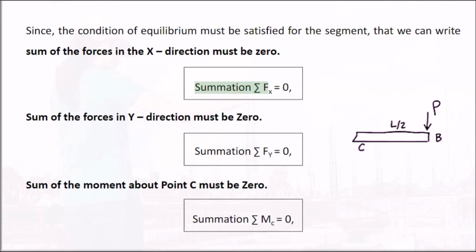Summation Fx equals 0, sum of the forces in the y direction must be 0, summation Fy equals 0, sum of the moments about point C must be 0, summation Mc equals 0.